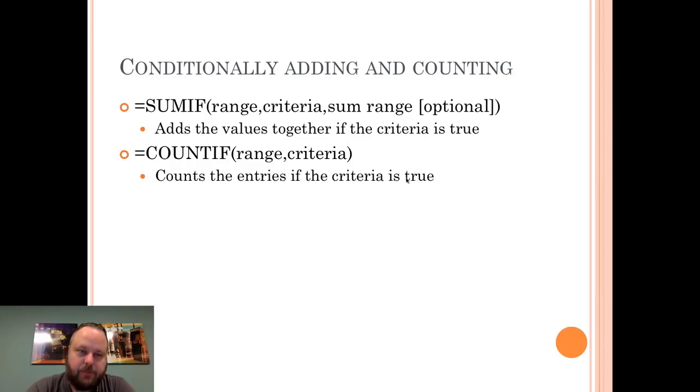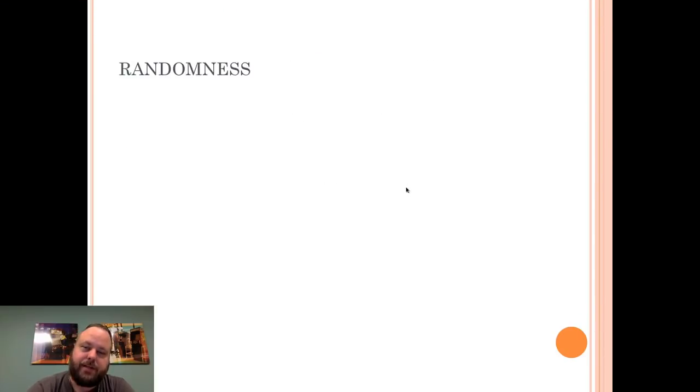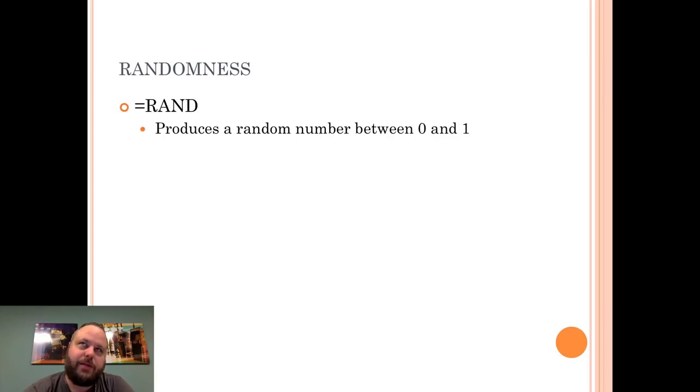on. So our next thing is randomness. Okay, so I've kind of showed you one of them here. We actually have two. So we have the base portion of it, the RAND, or random. It produces a random number between 0 and 1. So we can actually use this to modify stuff.